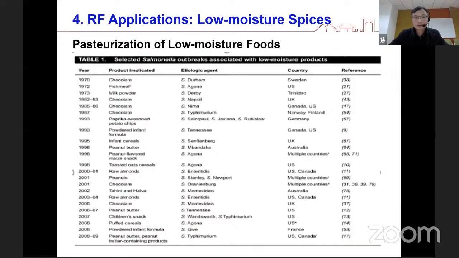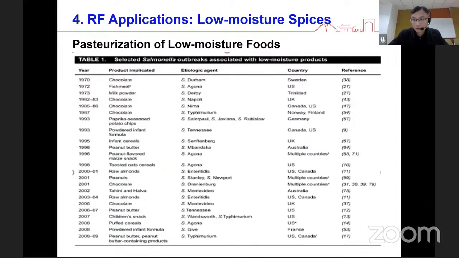So you can see these are the outbreaks associated with low moisture food. You can see there are still pathogenic microorganisms inside this kind of low moisture food. But since the water activity level is really low, the bacteria inside the low moisture food cannot grow. But it doesn't mean that these pathogenic microorganisms are dead. They are still alive.